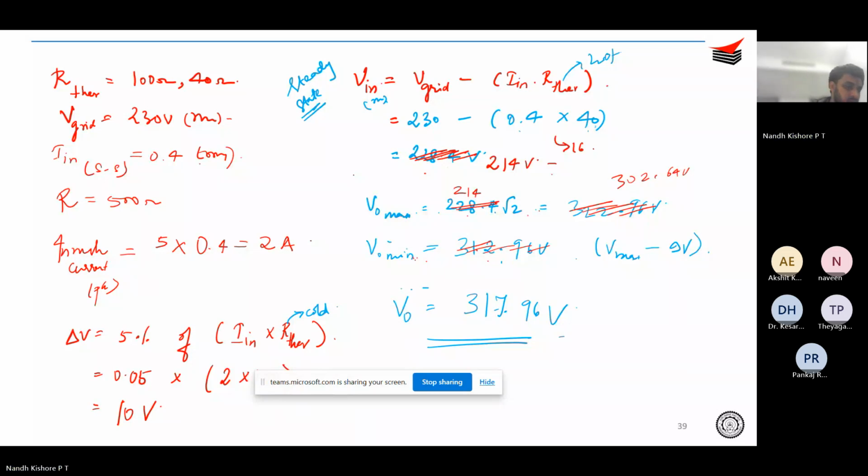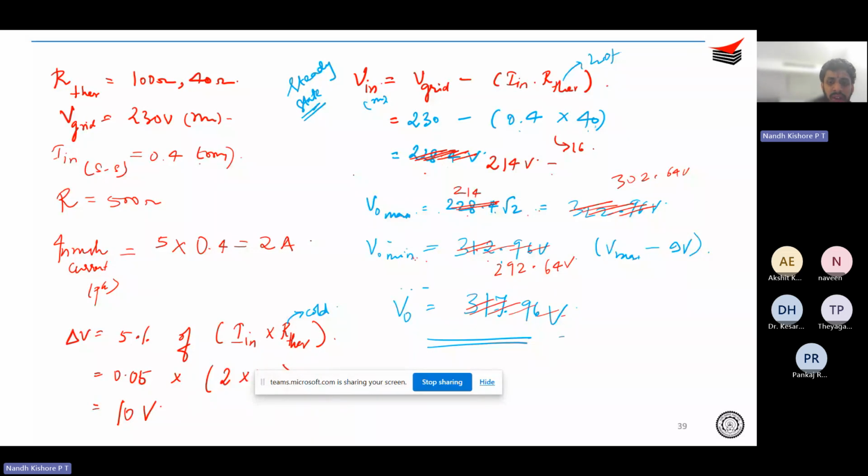And the minimum will be 302.64 minus 10, so 292.64 volts.